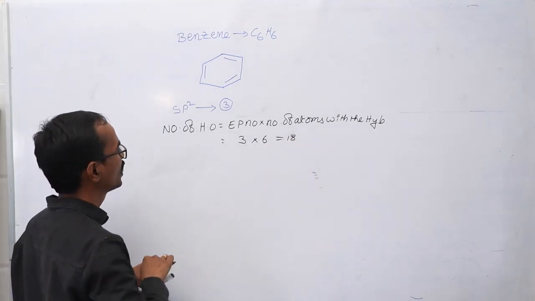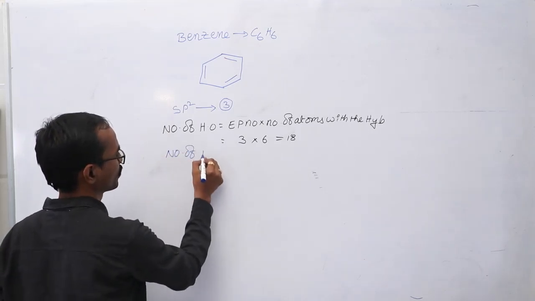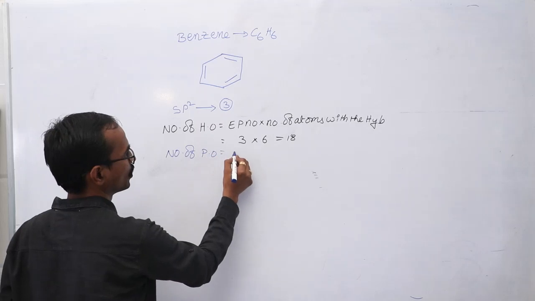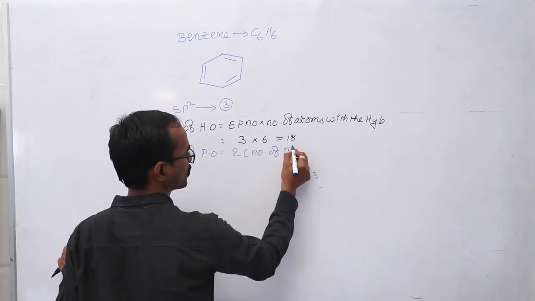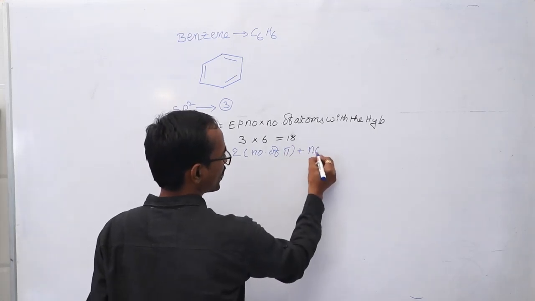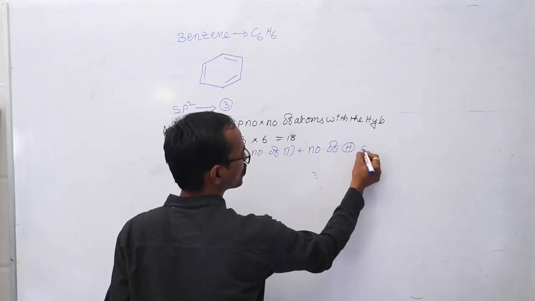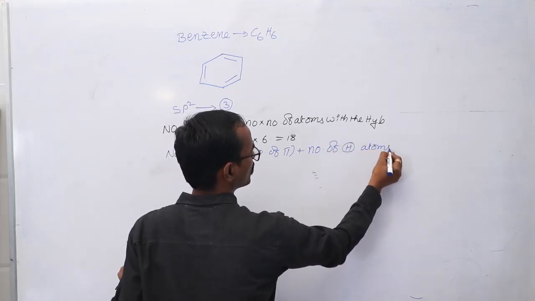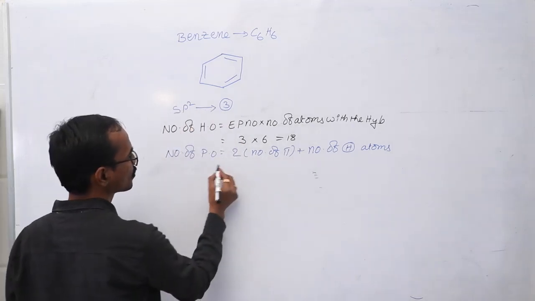In the same way, the number of pure orbitals is equal to 2 into the number of pi bonds plus the number of hydrogen atoms. Now here, how many pi bonds are there in that molecule?